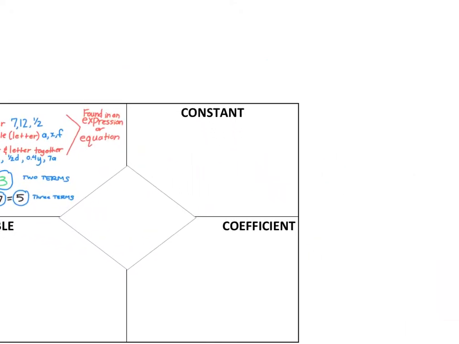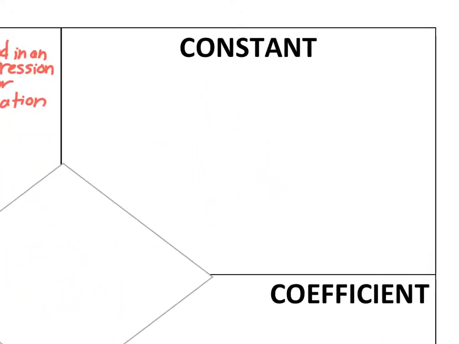Okay, let's talk about our next term. Our next term is constant. In order for something to be a constant, it is a number on its own. And we'll talk about what that means.